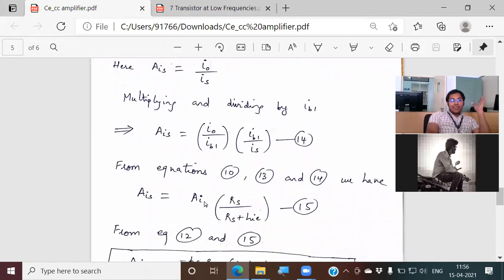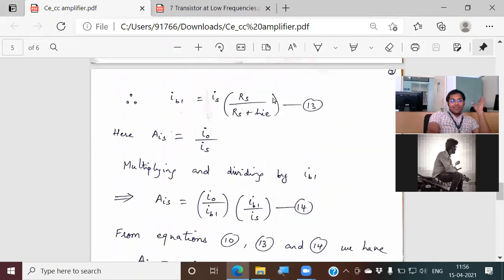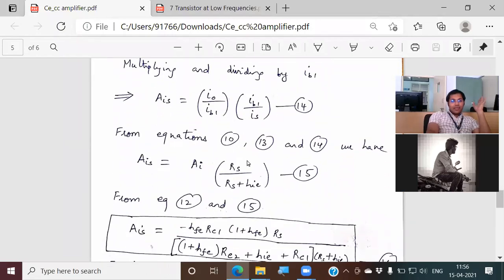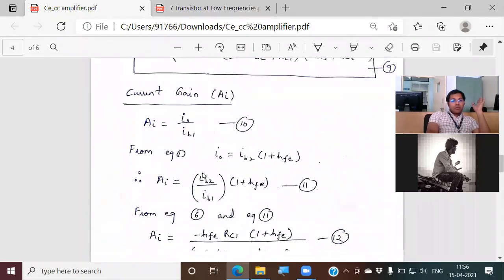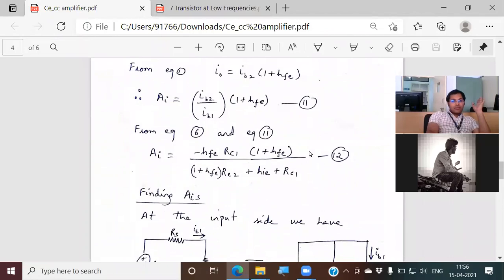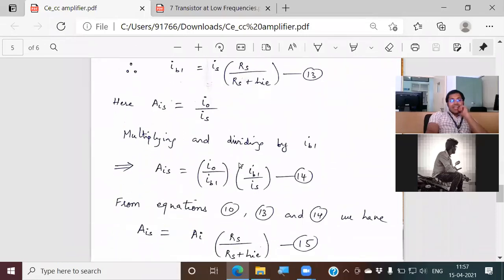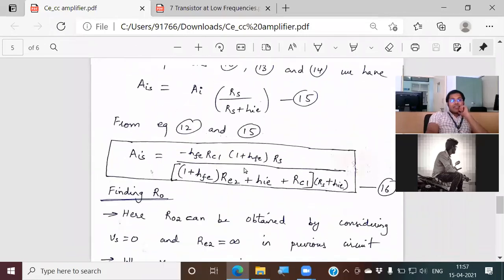Again, this AI I am replacing from equation number 12. Just now we derived AI, and that AI as it is we are taking here.